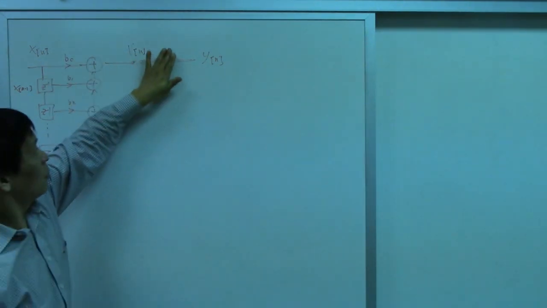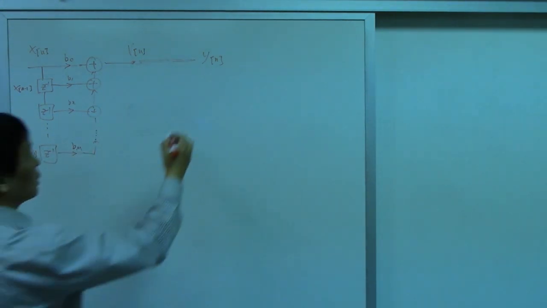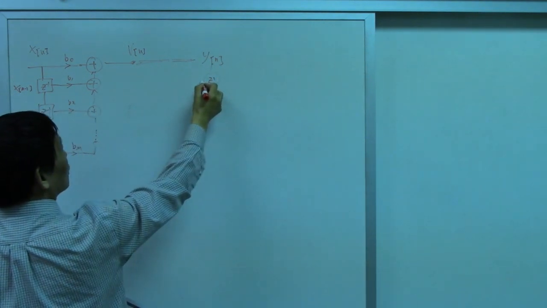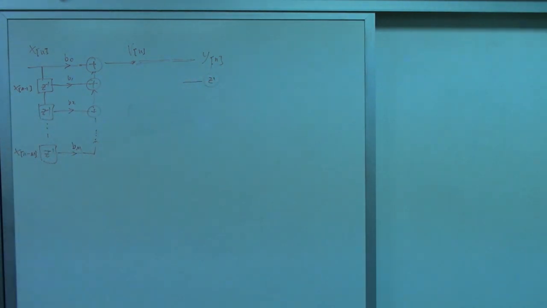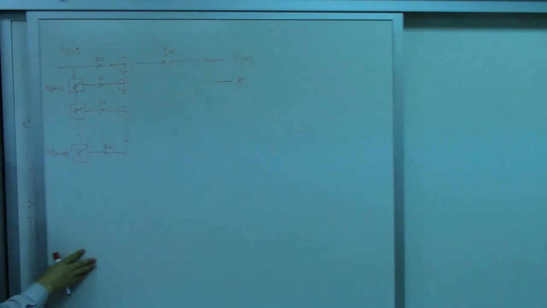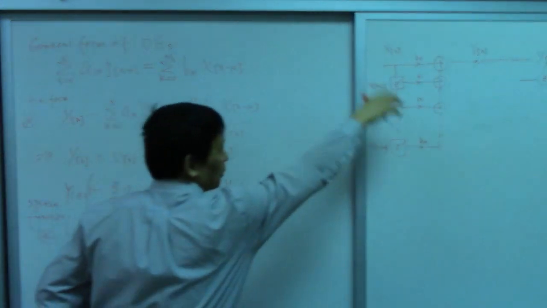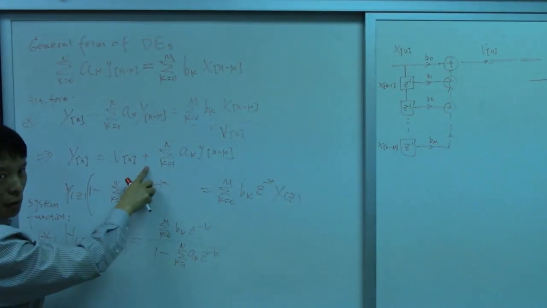Alright, we need to consider the second term, which is here. It is delayed by one time, then times what is the coefficient here? a1 or negative a1? I'm trying to trick you, okay? a1 or negative a1? Negative a1. Now look at this. y[n] equals this term, which we already implemented on the left-hand side.